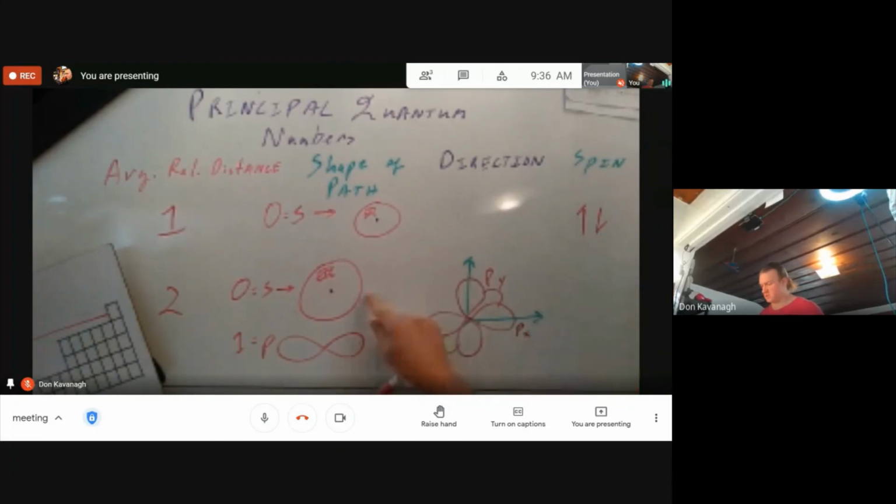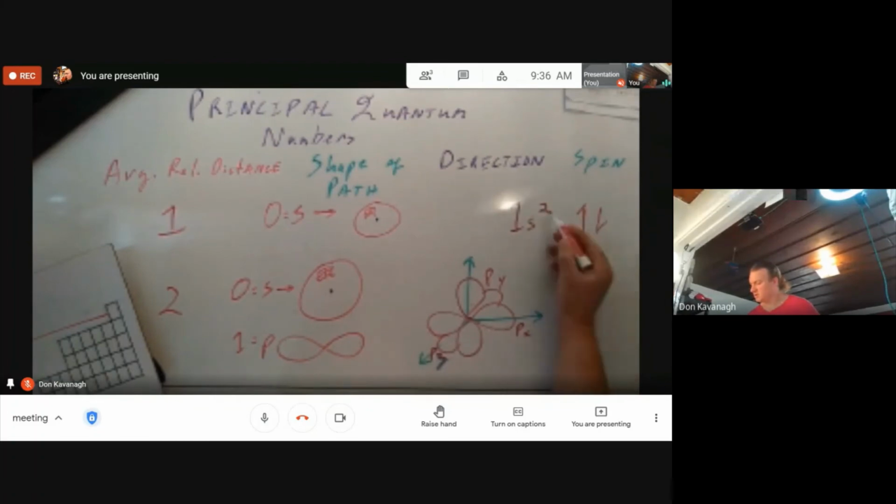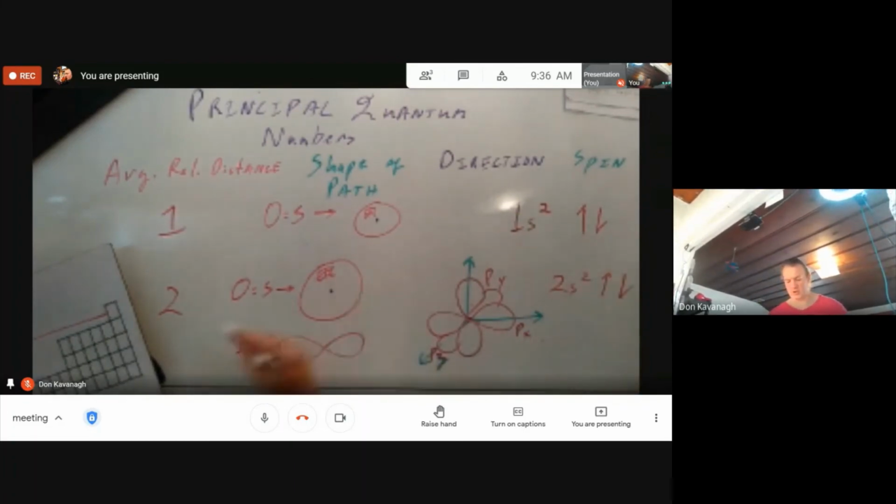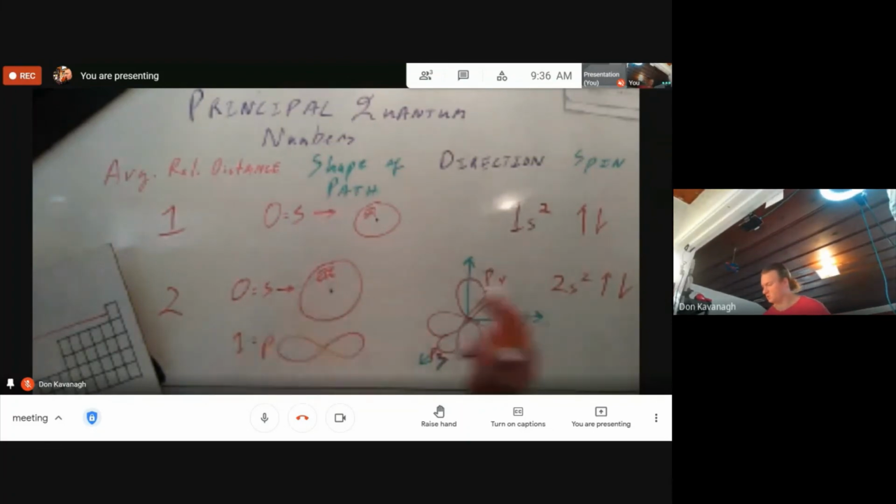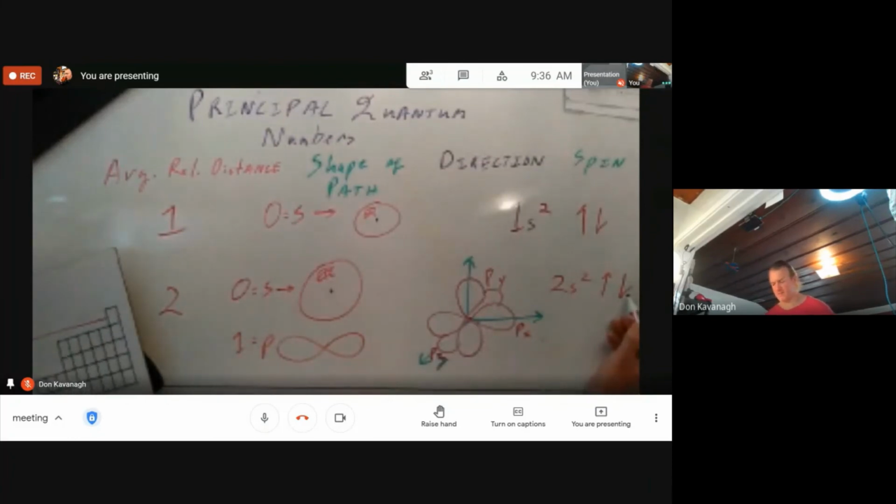So to kind of recap, this 1s orbital has 2 electrons, a spin up, spin down. The 2s orbital has 2 electrons, a spin up, spin down.